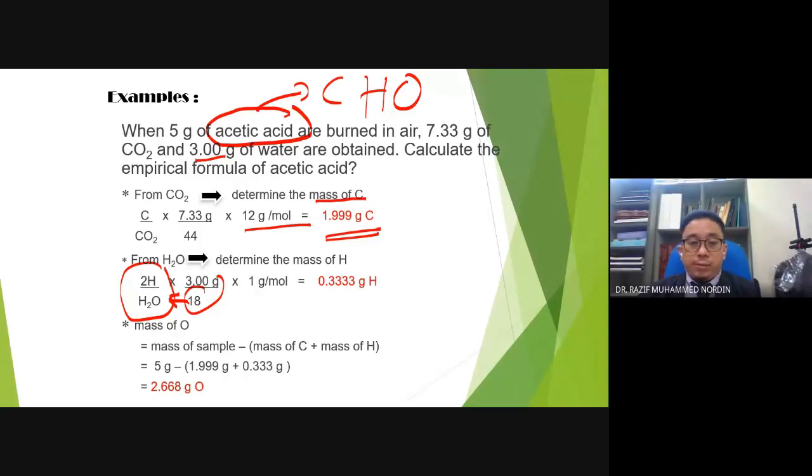And then times 1 gram, you will get 0.3333 gram of hydrogen. So from there, you can postulate that the mass of oxygen equals the mass of the sample minus the mass of carbon plus the mass of hydrogen. So for the mass of oxygen, you will get 2.668.